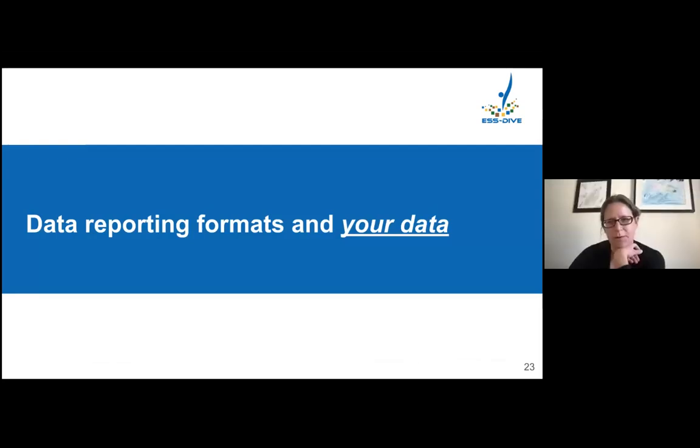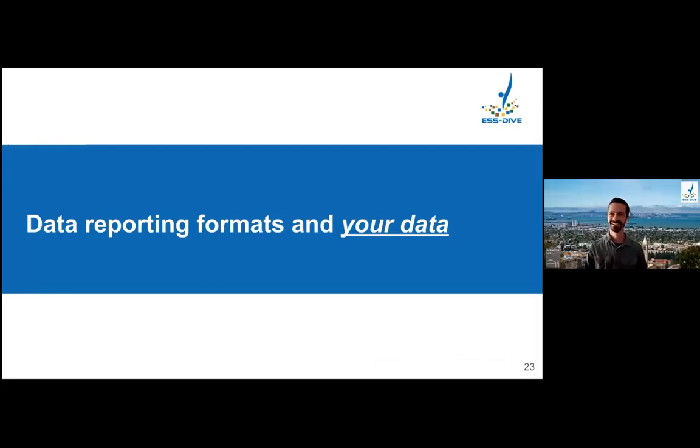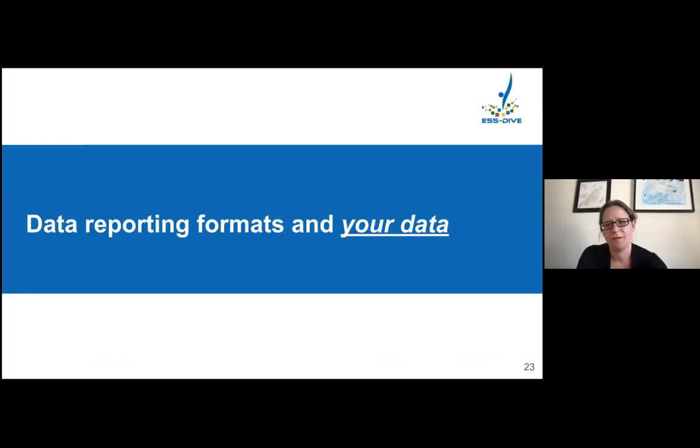I just put my comment in the chat, but I can say it as well. It was regarding the keywords and the GCMD options. The first time I tried to submit a data package, I thought I needed to pick one of those terms, and none of them really fit with what I wanted to put in there. So I picked something that didn't really match, or I thought, if none match, I can't pick a keyword.